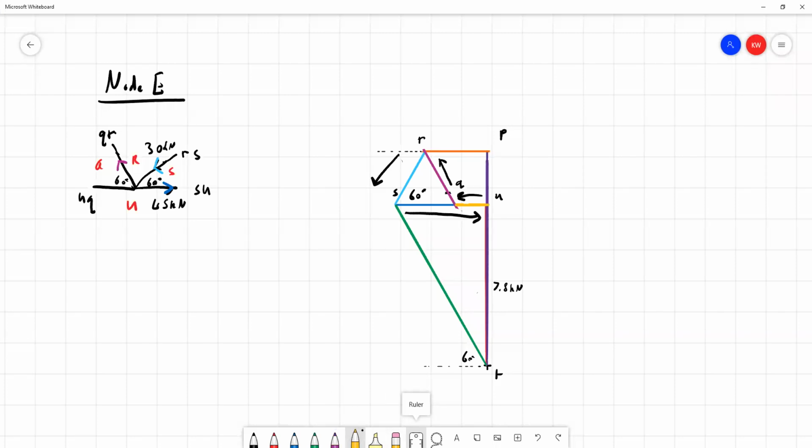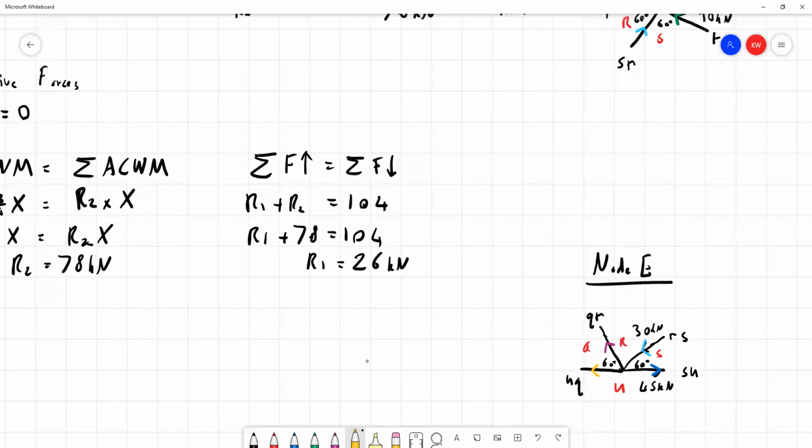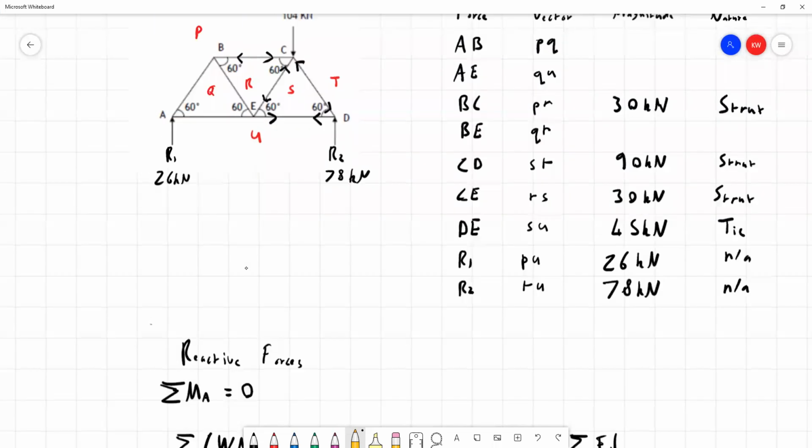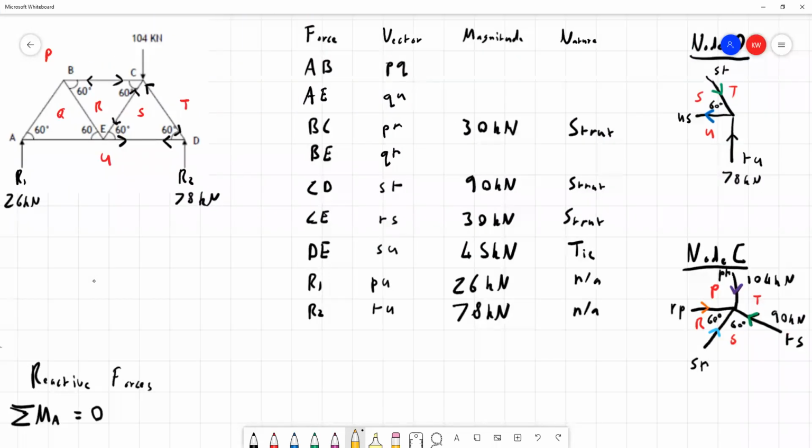And we've got UQ, which represents member AE, and it's heading to the left, and so the left on our space diagram means in the direction away from the node. So this means that BE and AE are both ties. So before we get into measuring them, let's add this to our table of information up here as well. AE and BE are both ties.